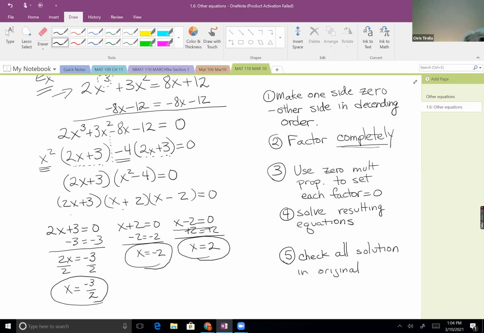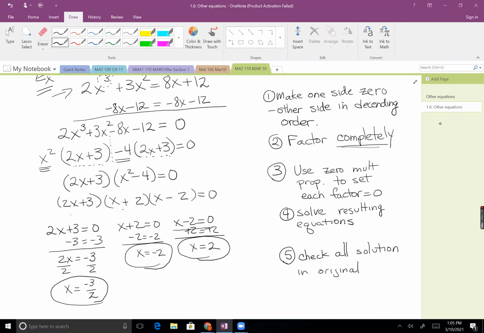Is everybody comfortable with how to do a check, to put each of those values into the variable and make sure the 2 sides are the same? If that's all right, just this once I want to be a cheater and not do the check, because some of the other equations that we're going to look at are a little bit more involved. Any questions on this one?